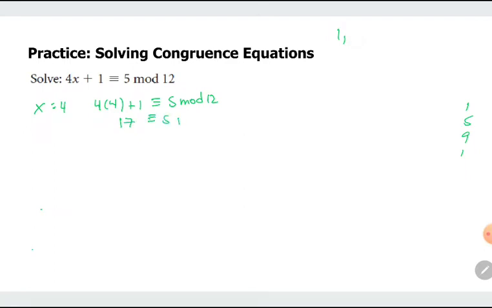That is 17. Now, is that a congruence? 17 divided by 12, you will get a quotient of 1, 12, 13, 14, 15, 16, 17. Yes, a remainder of 5. So, indeed, 4 is a solution. So, remainder of 5 again.